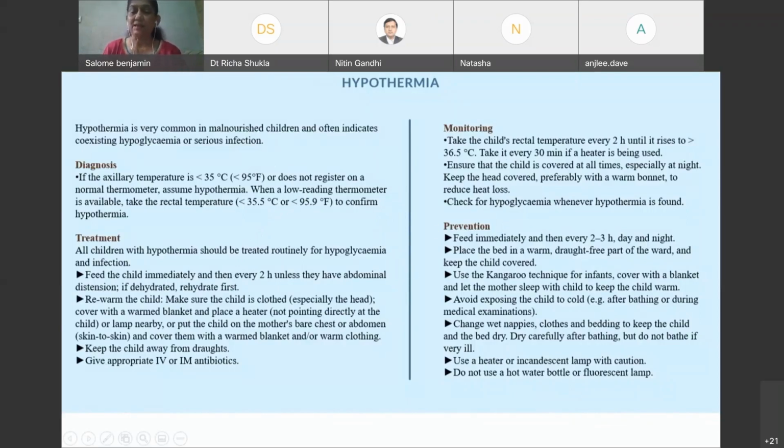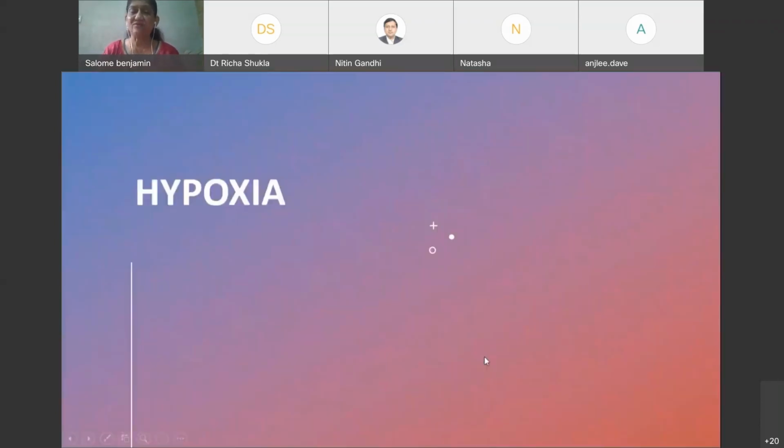As prevention, we will not start feeding immediately, because these children are not going to accept feeding unless they are stimulated in their response, with skin to skin touch and also your tender loving care with emotional support. So very carefully we will go.